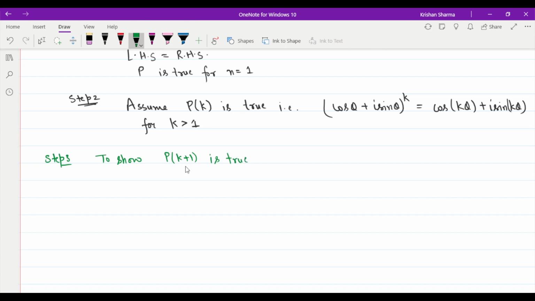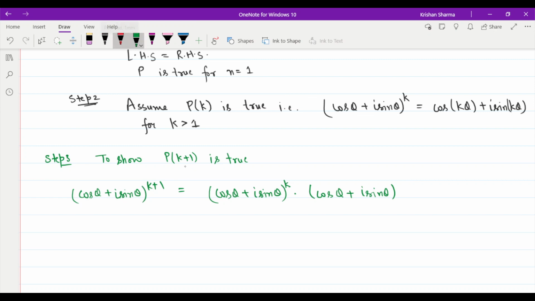To show that, we take (cos theta + iota sin theta)^(k+1). How can we write it? We can write it as (cos theta + iota sin theta)^k into (cos theta + iota sin theta). Now if you remember, what we have assumed is that (cos theta + iota sin theta)^k is cos k theta + iota sin k theta.